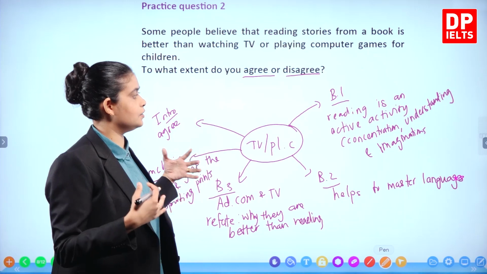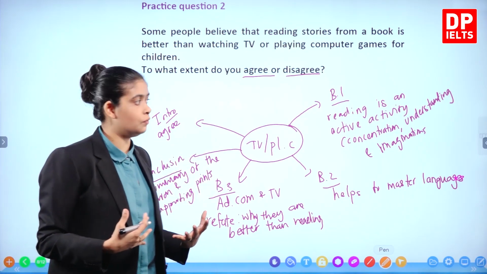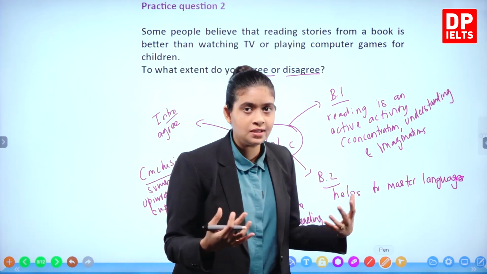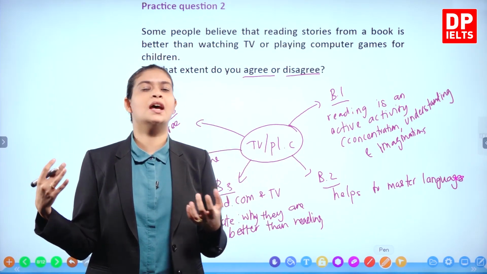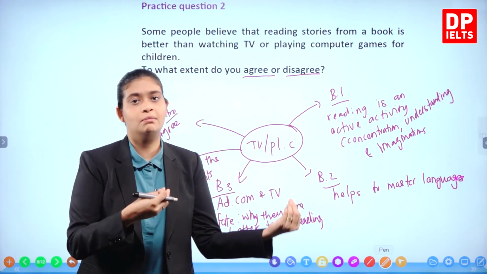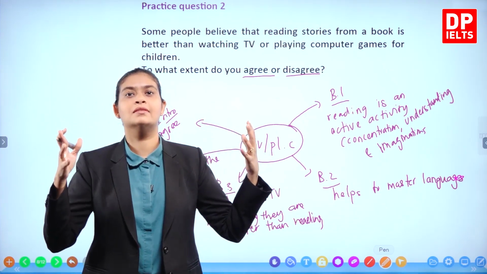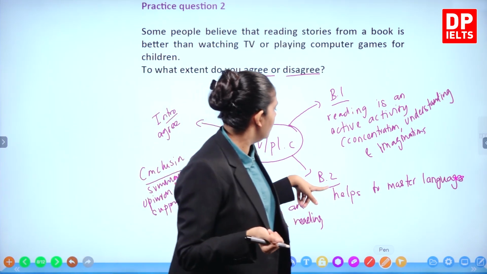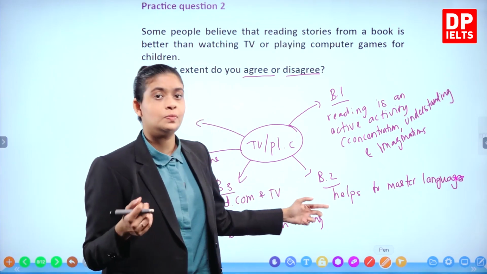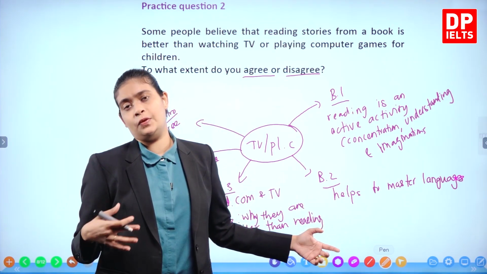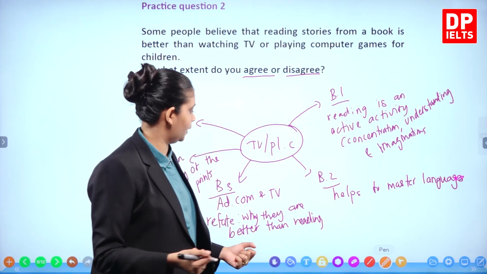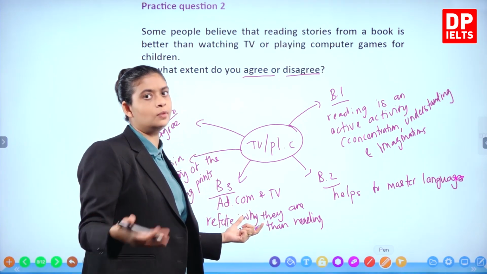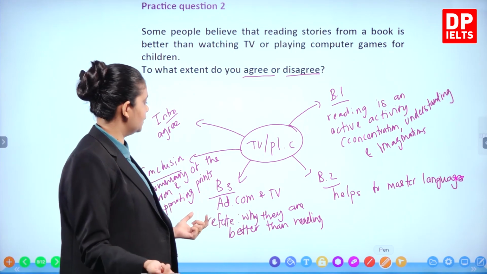You require concentration, and you need to be able to understand. It also helps you to imagine, like stories. Once upon a time, there was a little girl named Thumbelina. So you imagine, okay? The next one, it helps you to master different languages. If you're reading in Sinhala, if you're reading in English, both languages you can master, or if it's one specific language, then even that.